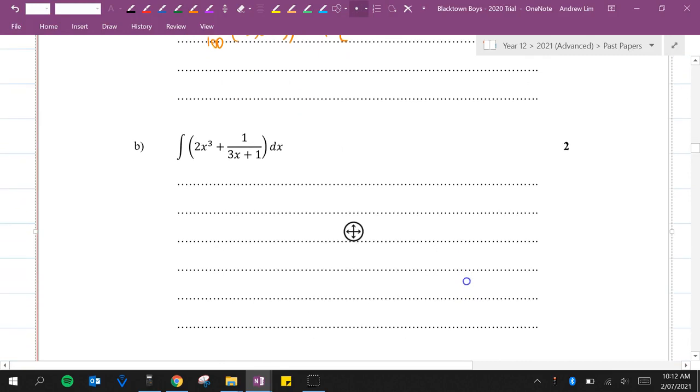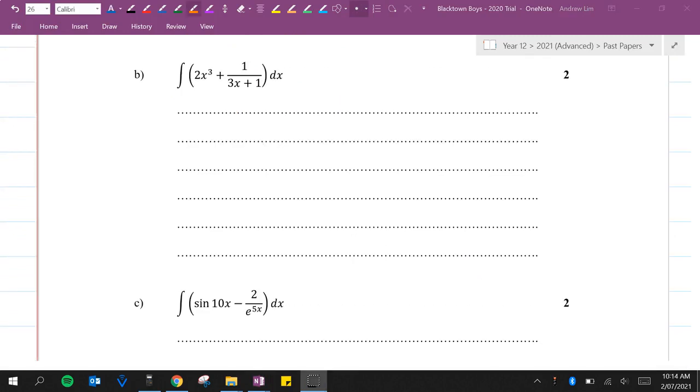Okay, question B. Integrate 2x cubed plus 1 over 3x plus 1 dx. Okay, so I'm going to split this up into the integral of 2x cubed dx plus the integral of 1 over 3x plus 1 dx.